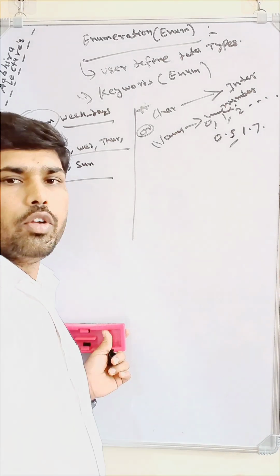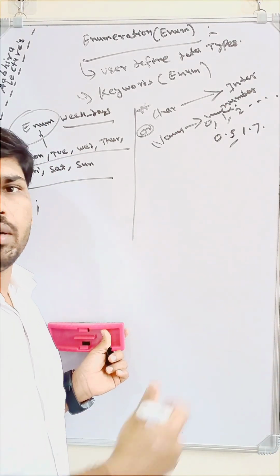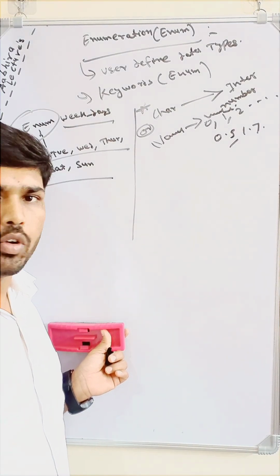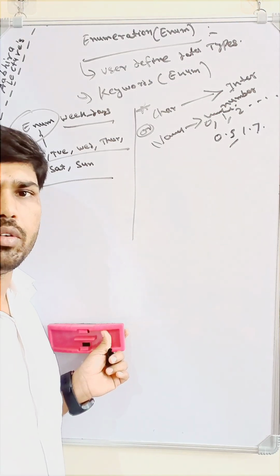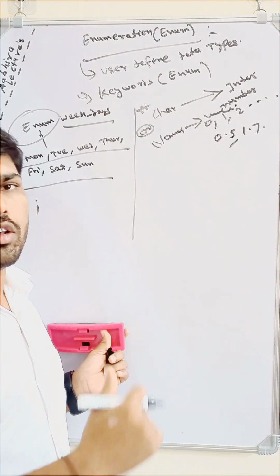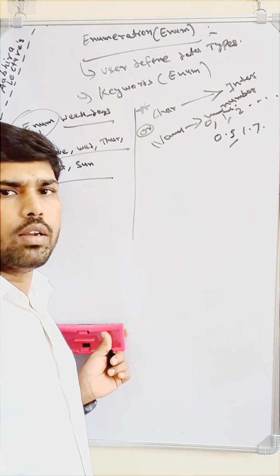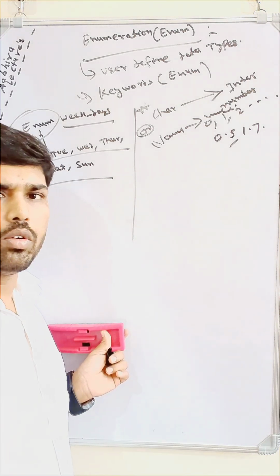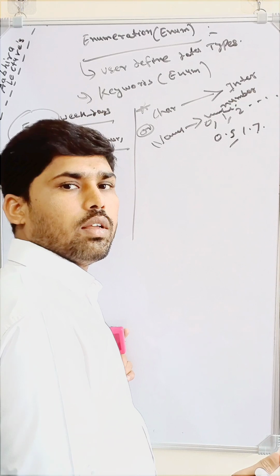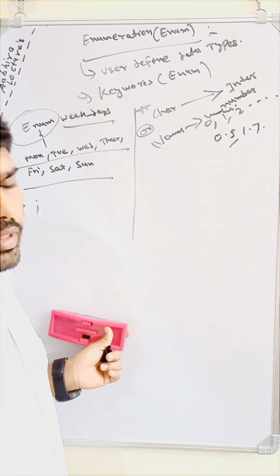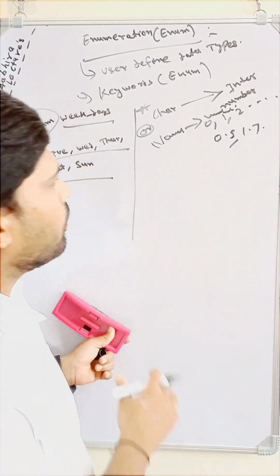And when you want to print months, Jan, Feb, at that time we can use enum. We will see later why we are using it. We also use macros, right? In macro we can also define values, but what is the purpose of macro and what is the use of enum? What is the difference? We will see that with the help of examples.